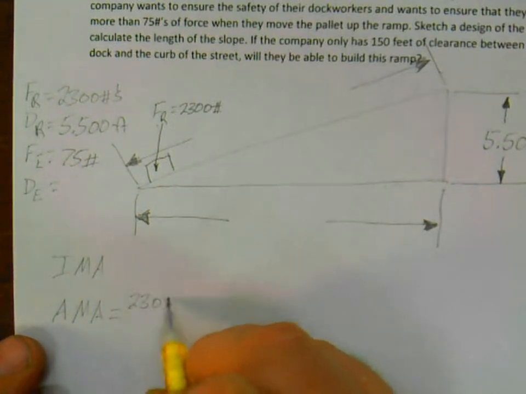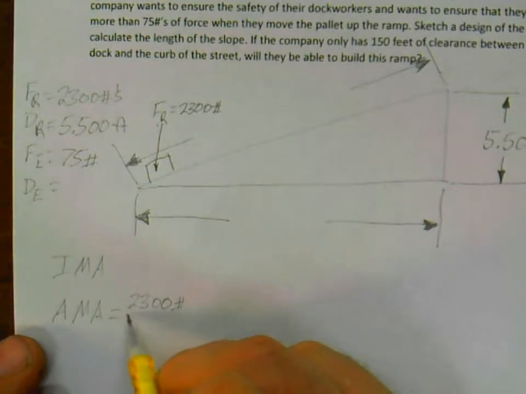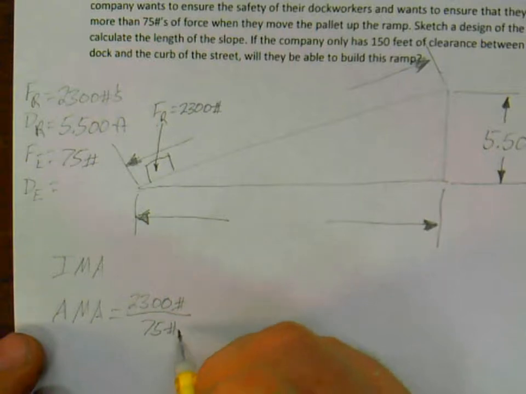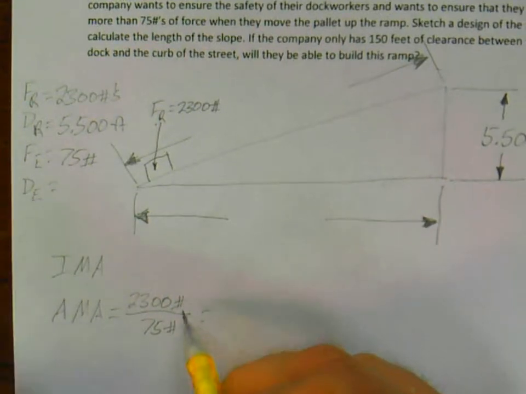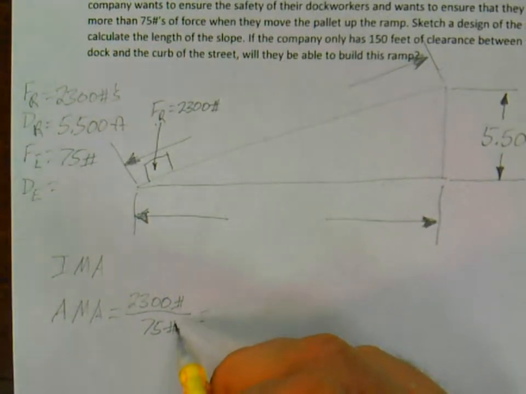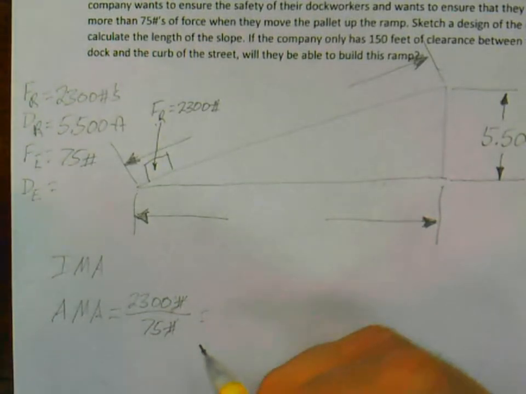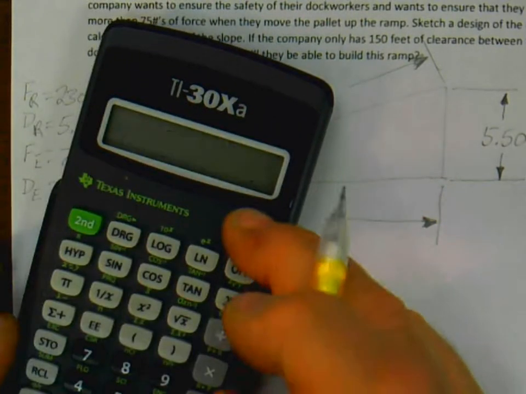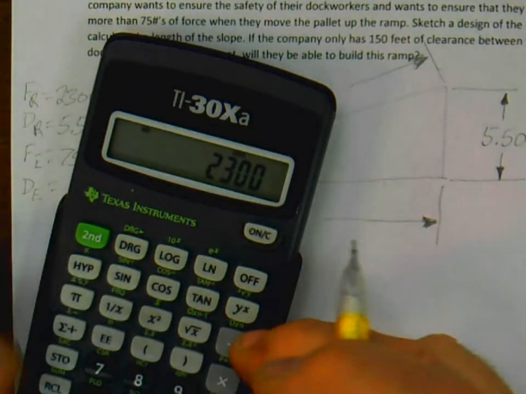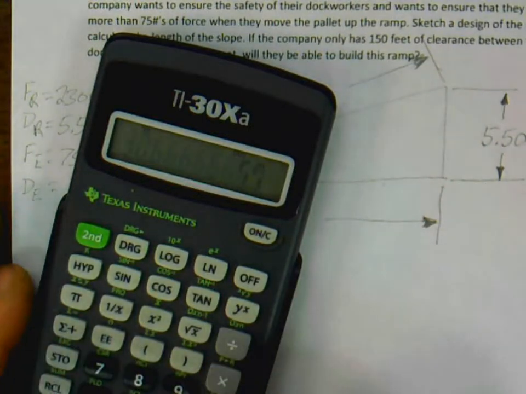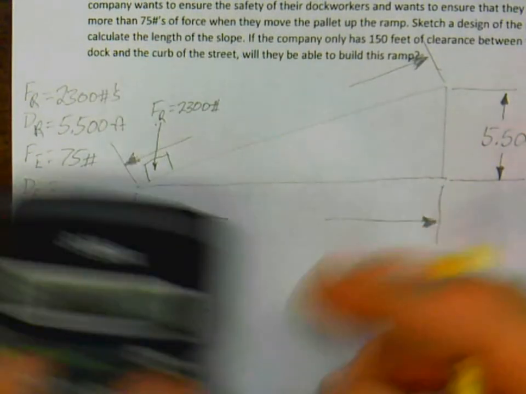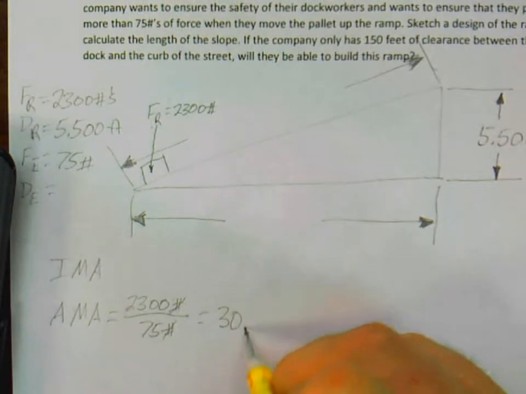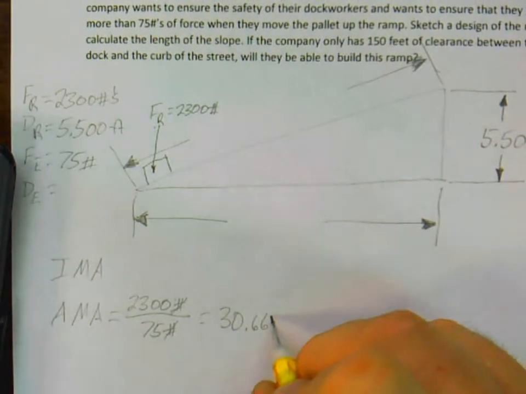Now, remember, I've always said make sure you're keeping track of your units here too. In this case, those units cancel out, and I'm going to get my calculator out and divide 2,300 by 75, and we end up with 30.667. We'll just round that to .667. That is my actual mechanical advantage on this type of ramp.